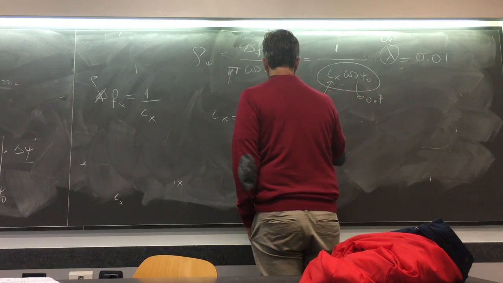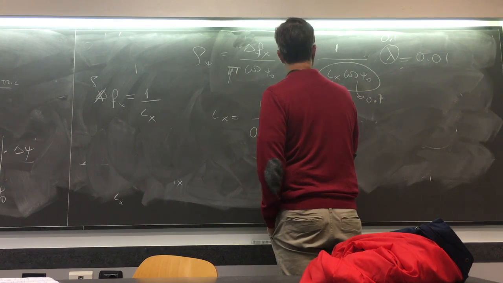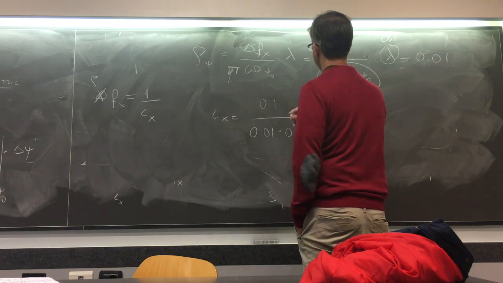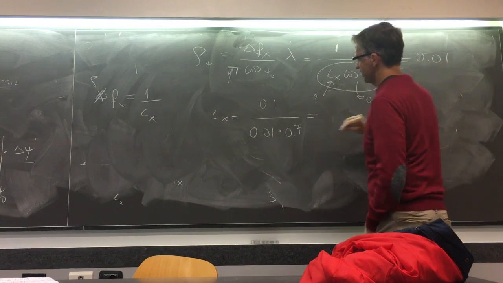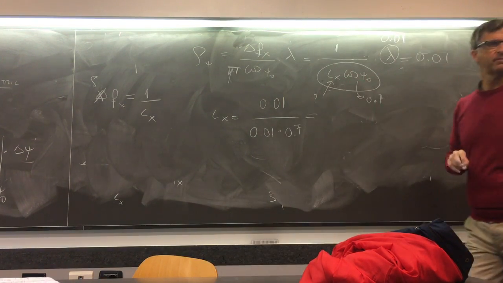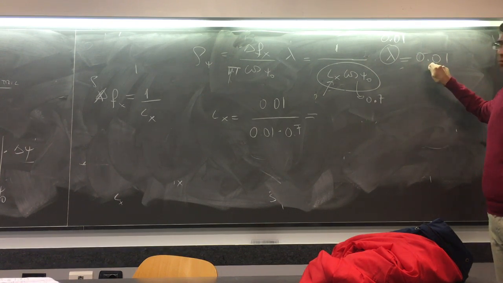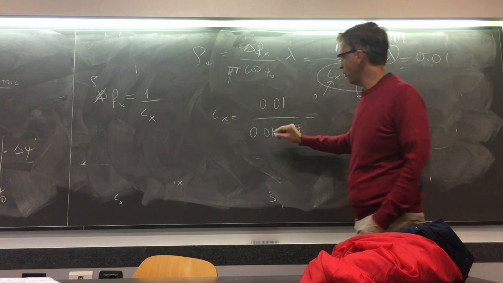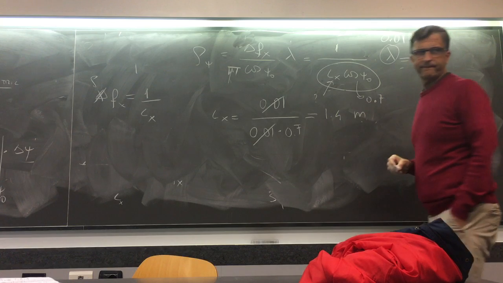Here you have the cosine that is 0.7, and this is your angular resolution, I remember, 0.01 radians desired resolution, and 1 centimeter wavelength. When you do this, you find that it's 1.4 meters.